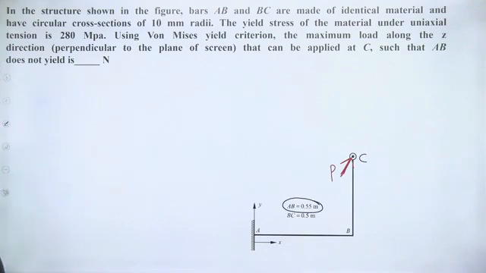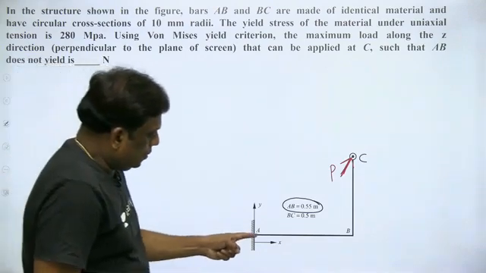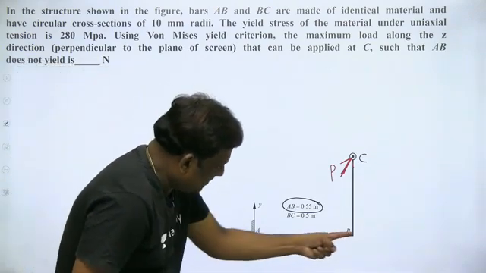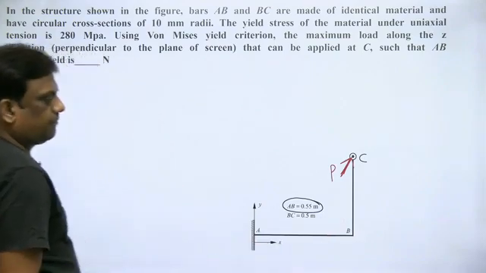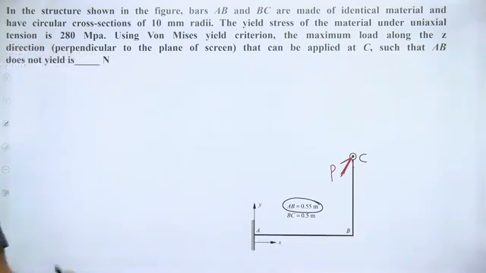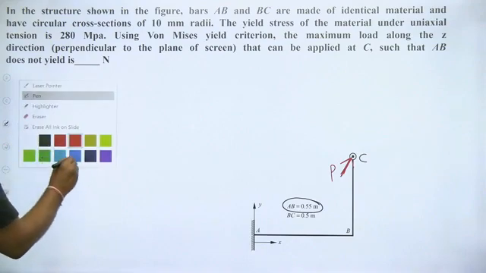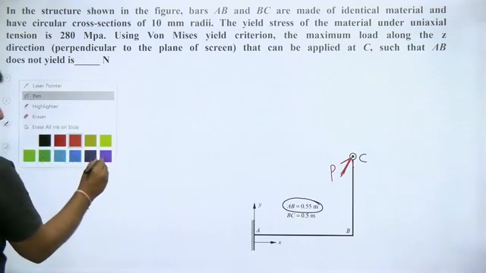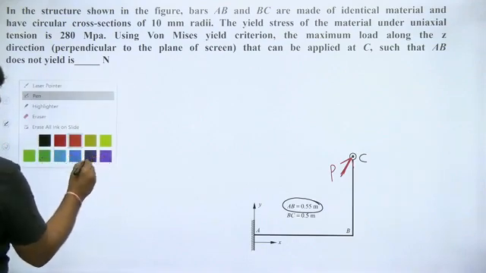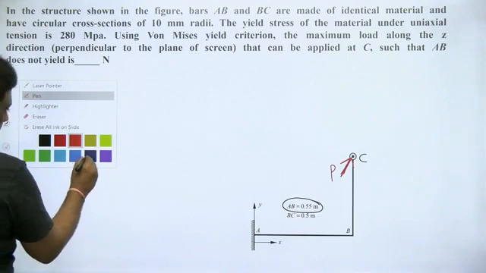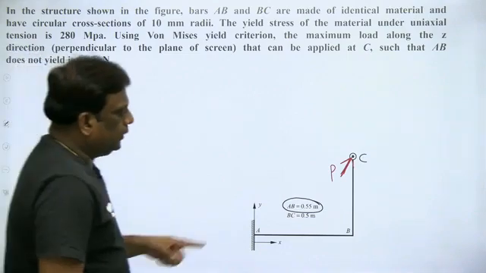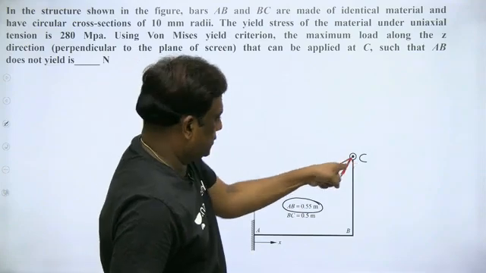Very good. Now he is asking for no failure of this member AB. So what I do is, from my mechanics, I will take a different color. I have applied a load like this.